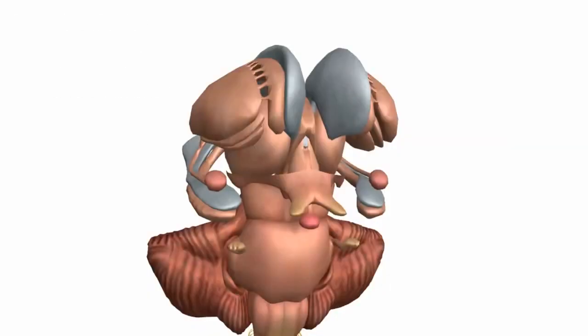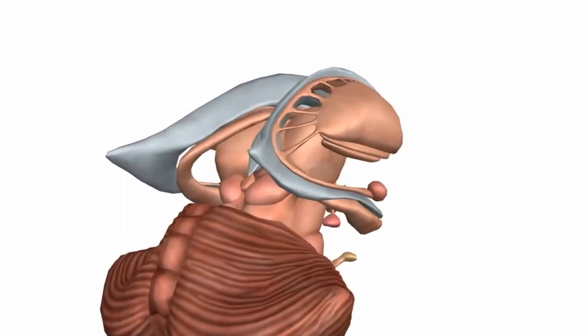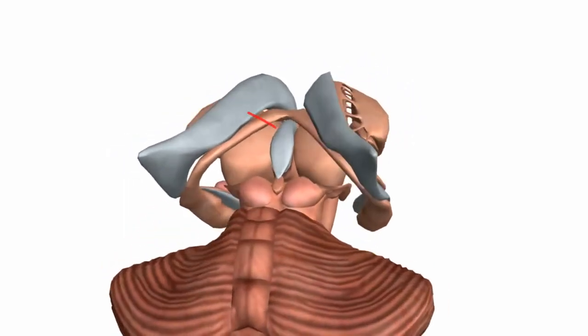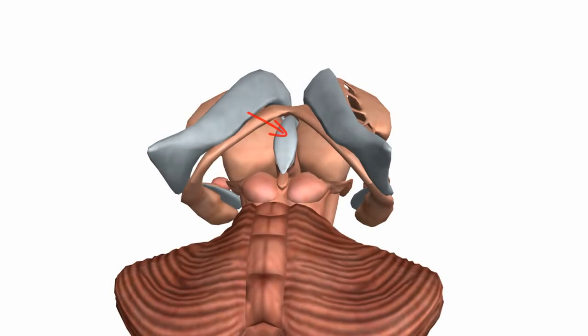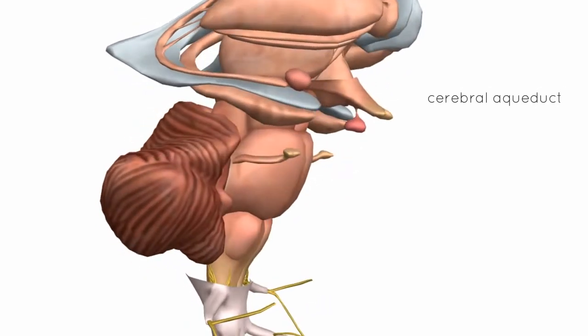You can see the ventricles in relation to these other structures, and you can see the third ventricle in the midline, and the walls of the third ventricle are made up by the walls of the thalamus, and the cerebral aqueduct runs within the midbrain to connect to the fourth ventricle.